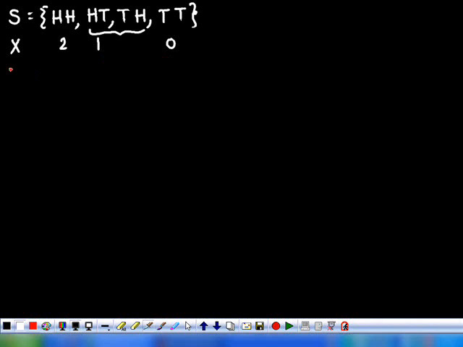Understood? So this is one particular rule. Similarly, we can define one more random variable on the same sample space. Let us take y as another random variable that takes the number of tails that come up when you perform the experiment. So here it is 0. When the outcome is either of these two, that will be 1. Here it is 2.